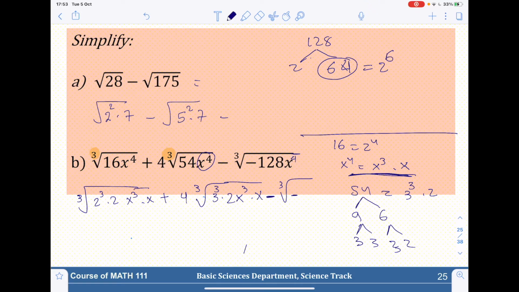So 128 is 2 to the power 7. I can write that as 2 to the power 3 times 2 to the power 3 times 2. Or I can write it as 2 to the power 2 all to the power 3 times 2. Then x to the power 4.